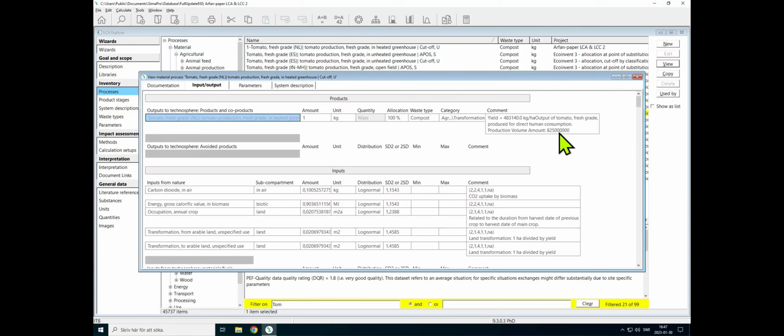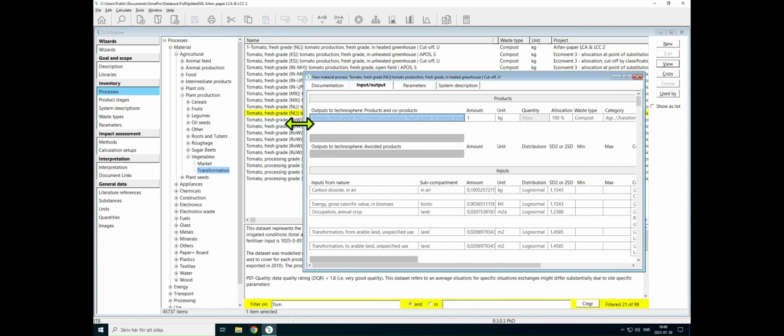Using this amount as a reference value, you can do your own calculation based on your own production case. We will have another video about how we can use this information to adjust these inputs. Coming back to the difference between market and transformation process.